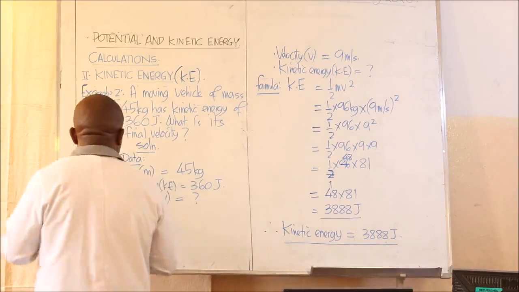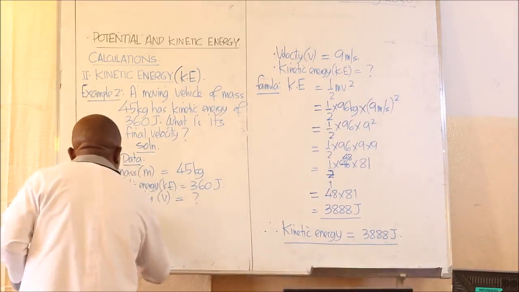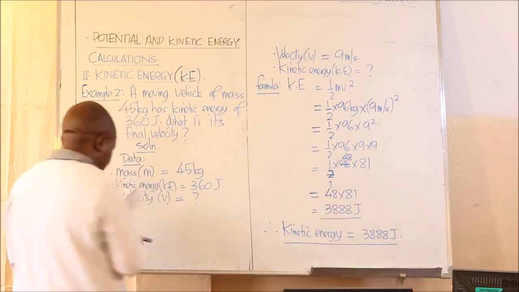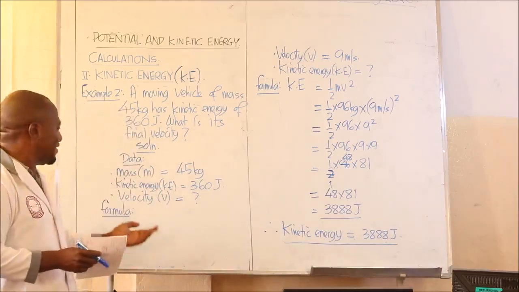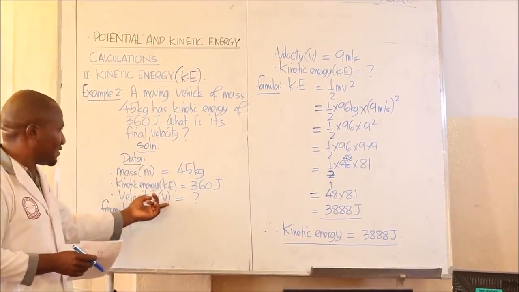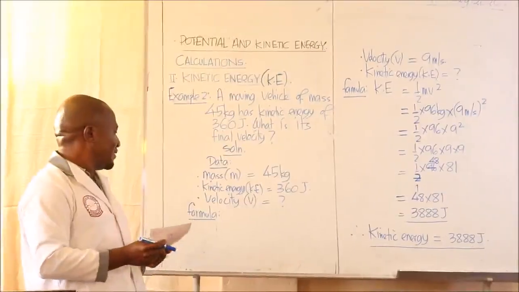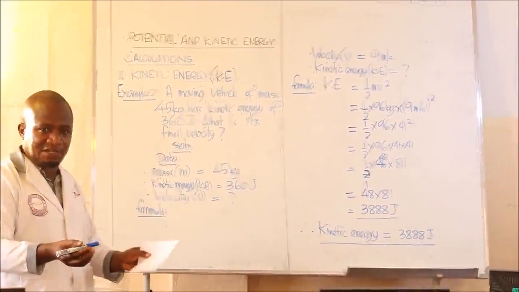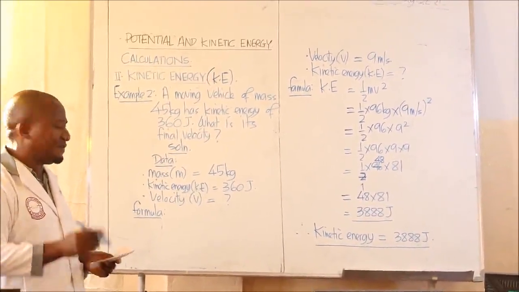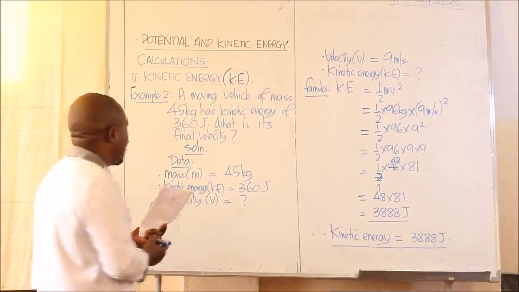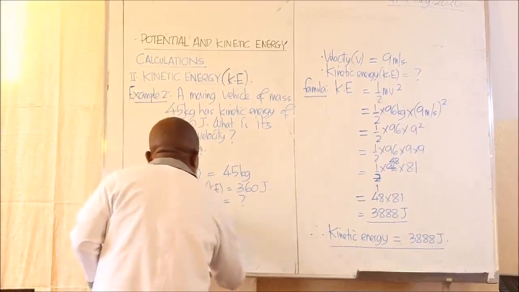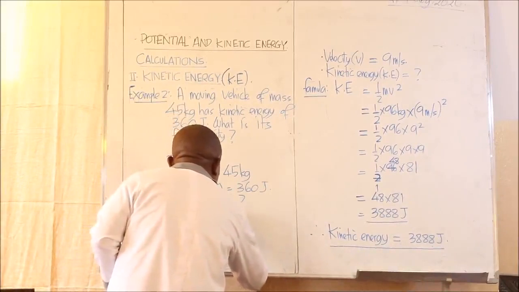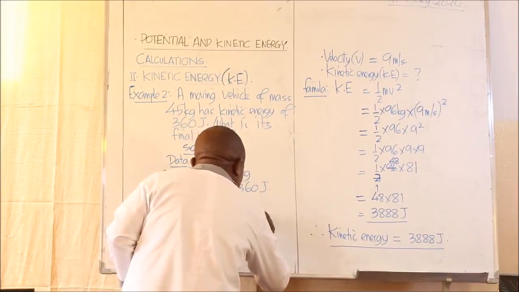Now, next step is the formula. Since the question has one of these things unknown, the variable known as velocity, I prefer rearranging the formula so that we form an equation which can be solved very straight. So I'll begin with a half mv squared equals to kinetic energy.